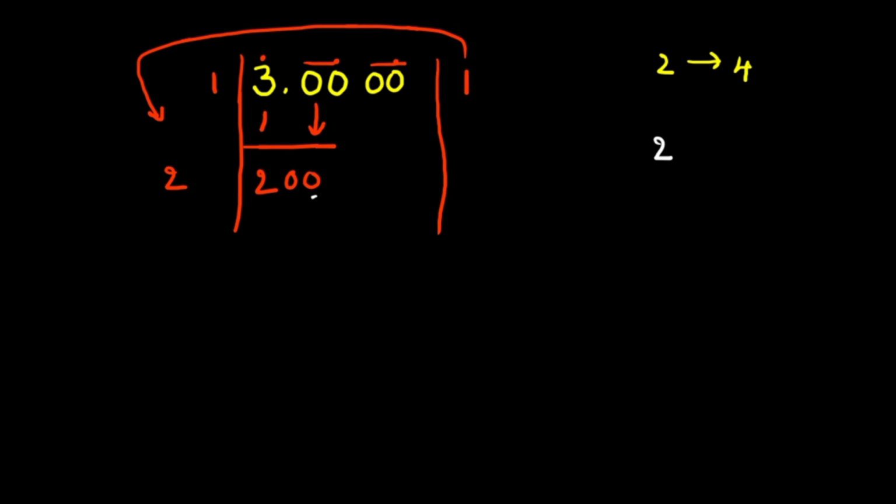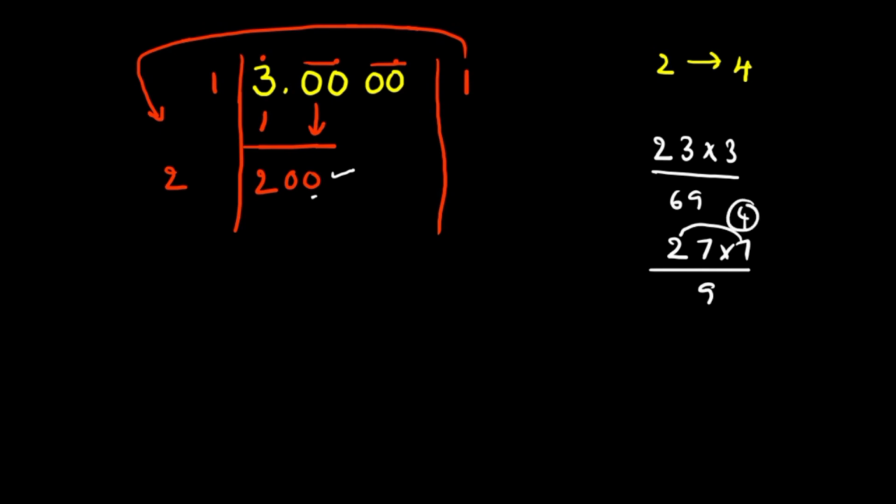That means I am going to select, for example, 3, and multiply by 3. Then I will get 3 3s are 9 and 3 2s are 6, 69, right? 69 is too small compared to this one, so I am going to take a number like 7 and multiply by 7. 7 7s are 49 and 7 2s are 14 plus 4, 189, which is nearest to this number.